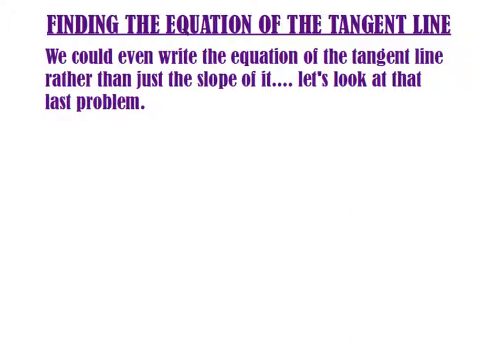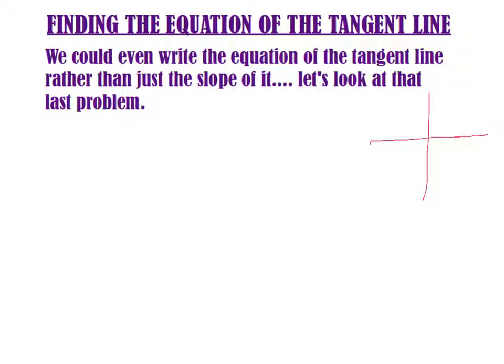I'm going to take it a step further. Could we find the equation of that tangent line? Yeah. Not only do we know the slope of it, I bet we could also figure out the equation of that tangent line. Recall what the graph looked like. It was 3x squared plus 1.